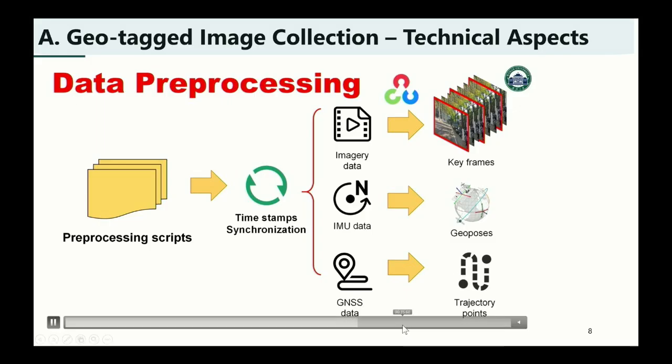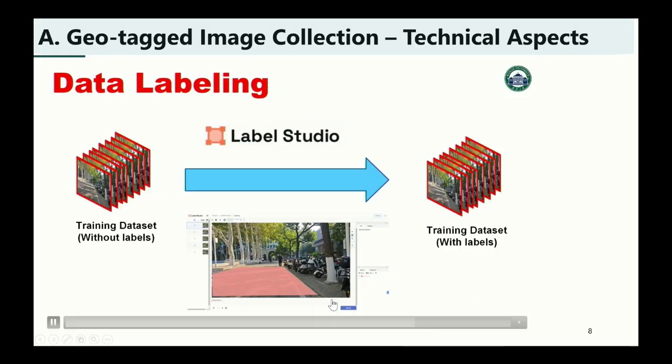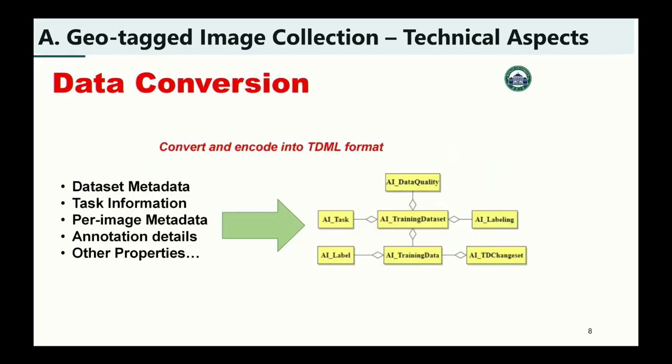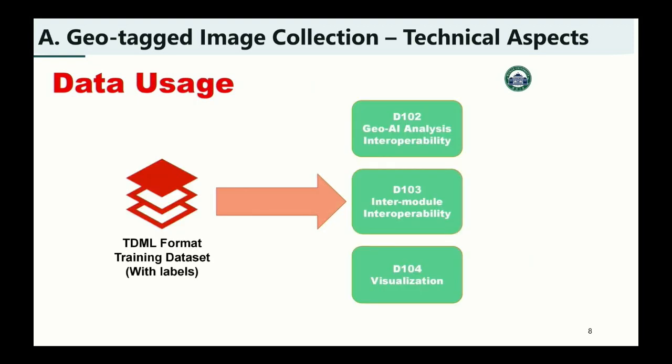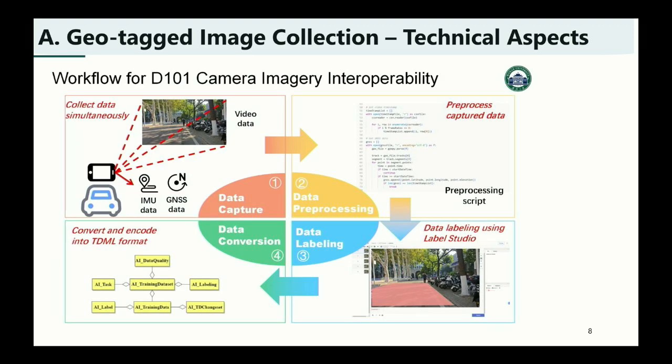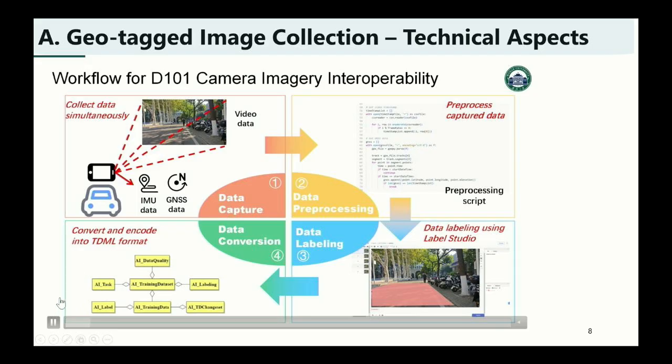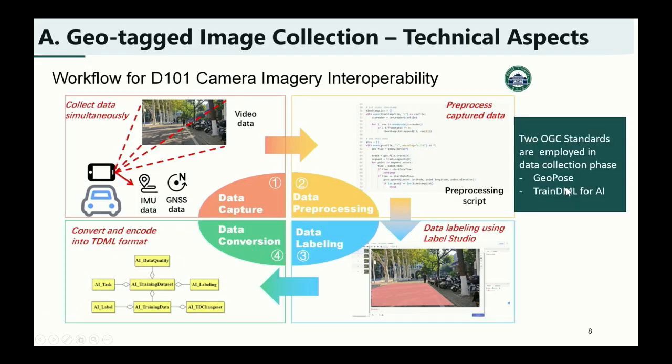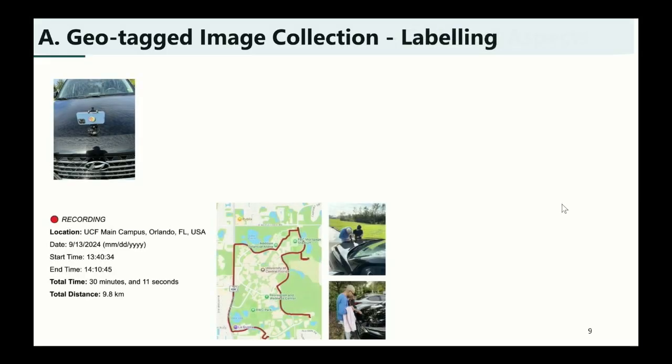Then this data is sent to, of course, we need to label the data, and it is converted to so-called TrainDML for AI format, which is the OGC standard for GeoAI. So this is for labeling.